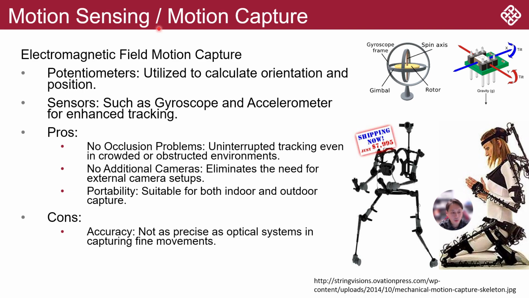Let me talk about the motion sensing first, and then let me talk about the motion capture for the electromagnetical sensor. The electromagnetical sensor is easy to understand because all of us already have one in our smartphone. In our smartphone, there are two types of electromagnetical sensor.